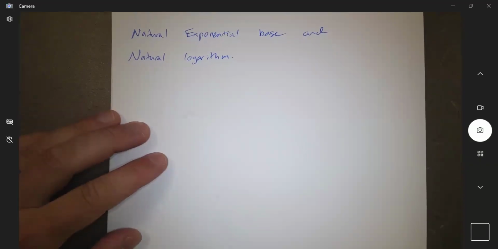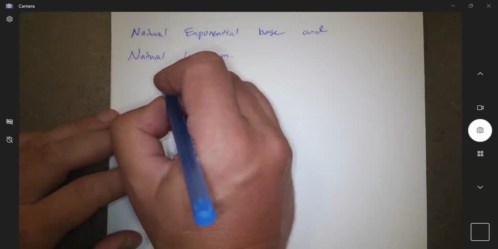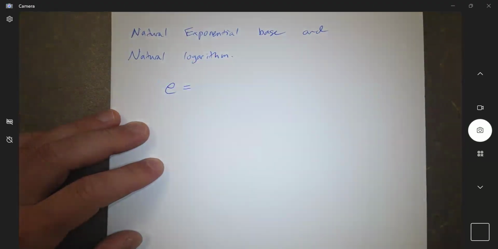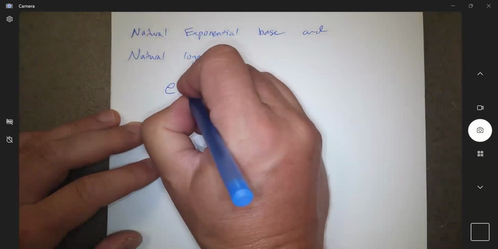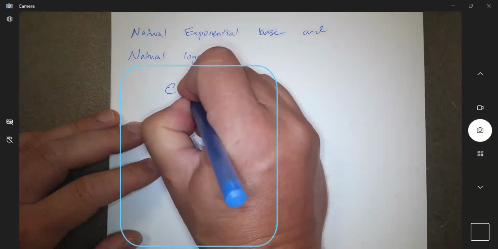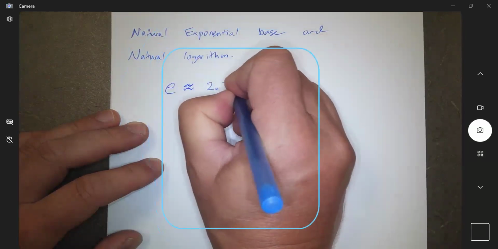Pi r squared is the area of the circle, 2 pi r is the circumference of the circle. There's a number in with exponentials and logarithms that is so special, it gets its own letter, which is the letter E. And E is approximately 2.718.